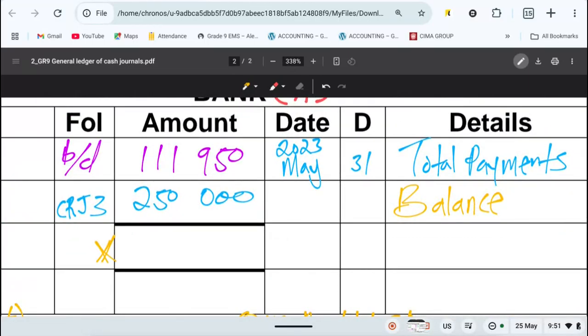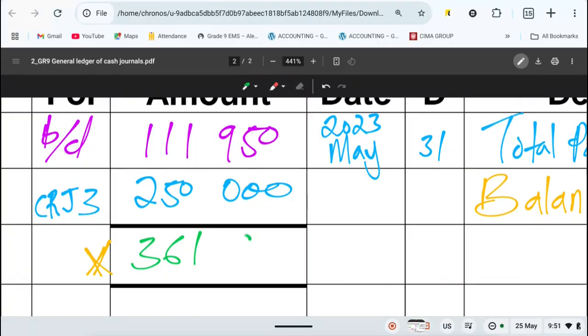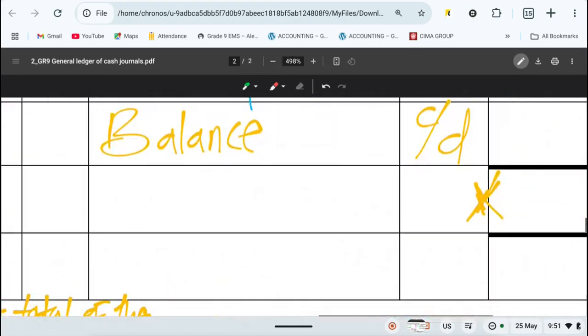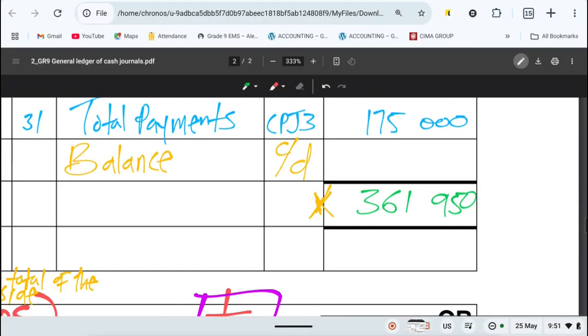What is the total of the bigger side? It's 111,950 plus 250,000. I'm going to get how much? I'm going to get 369,950. So I'm going to use the total of the bigger side on both sides and find the difference again.